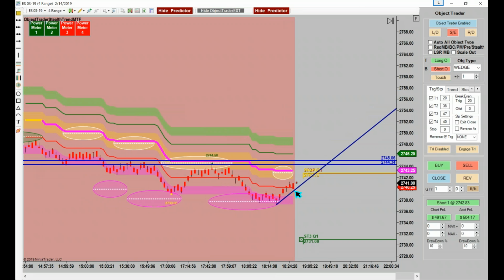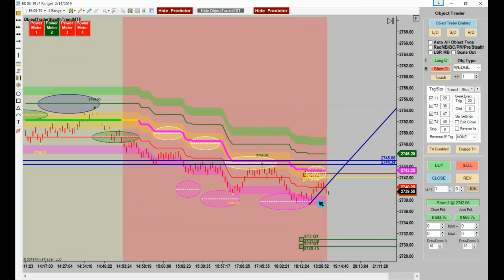Now it's above the line, so it will either take me out of the trade or get me in one more contract with touch +1. There you go. Just got another one. Okay. That would be the way to add, just in case I got taken out. And that one didn't really save me much, because it's not quite as deep a retracement.